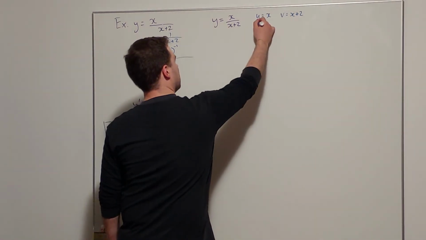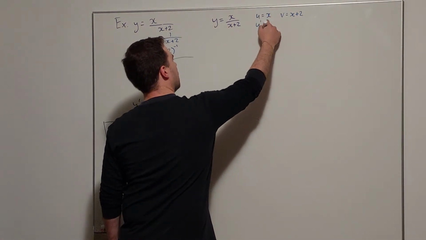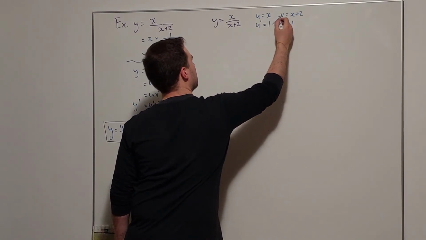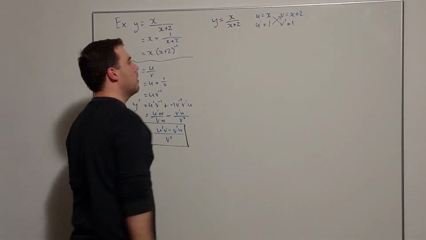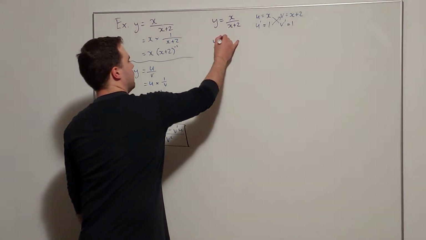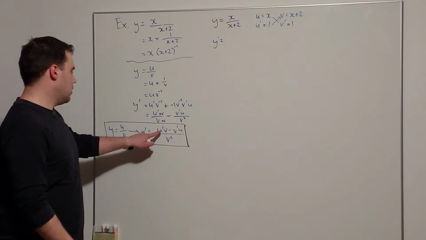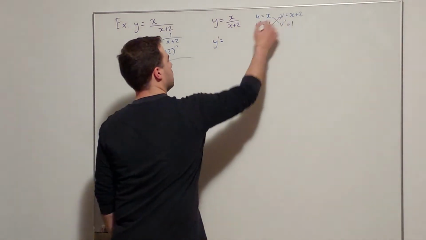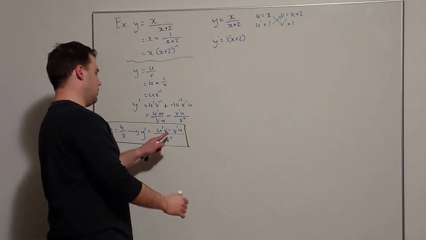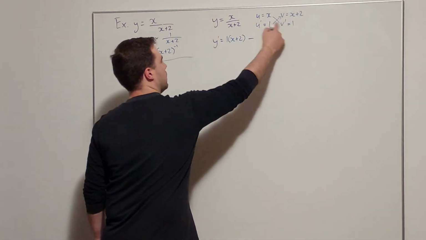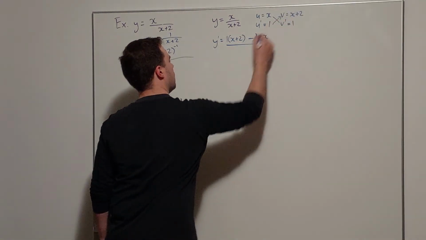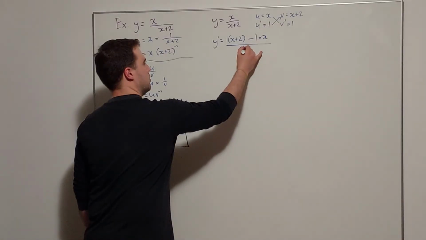The derivatives off to the side here are 1 and 1, and then that one times that one first with an arrow, and then that one times that one. So the derivative is going to be u dash v, so 1 times x plus 2, minus v dash u, 1 times x, all over v squared.